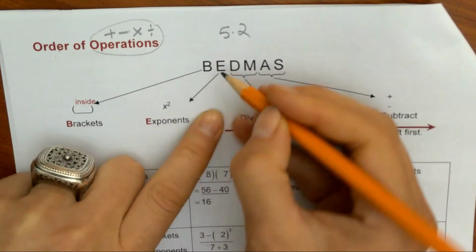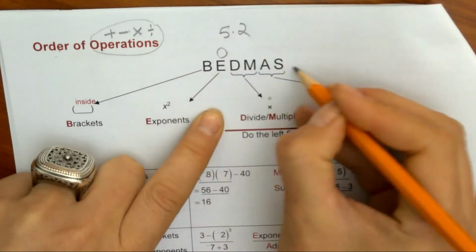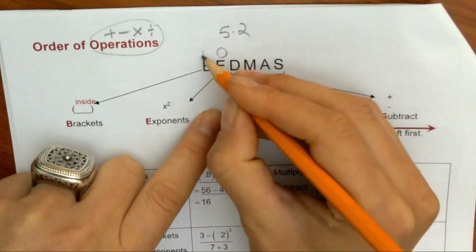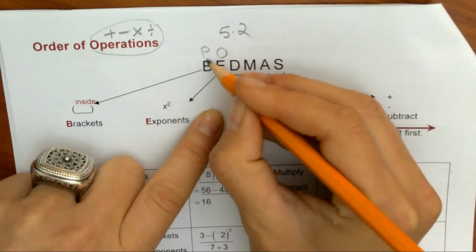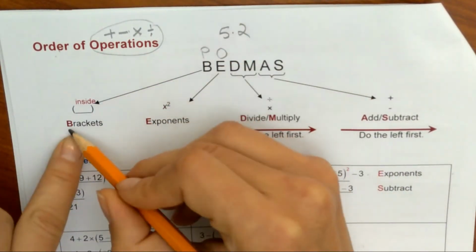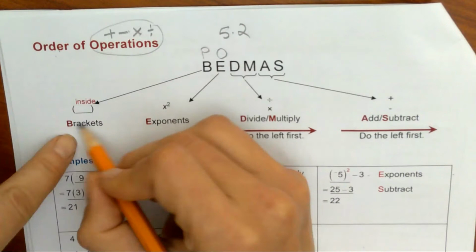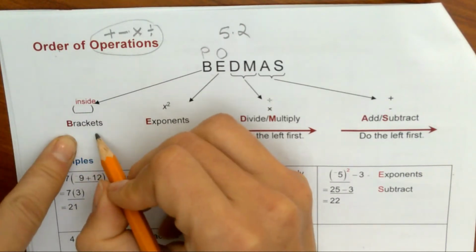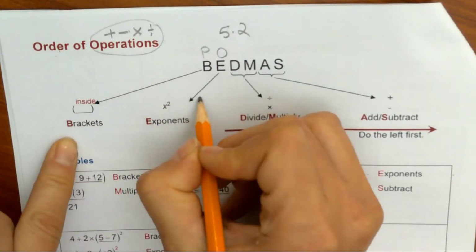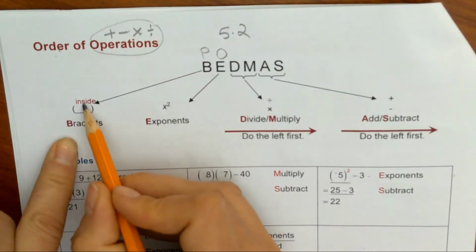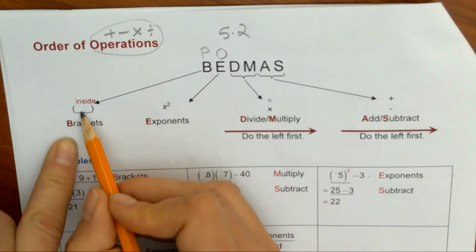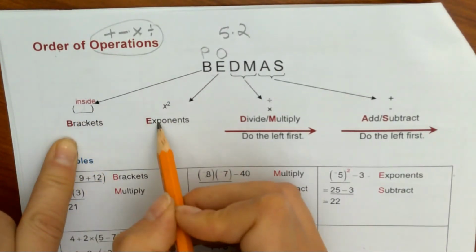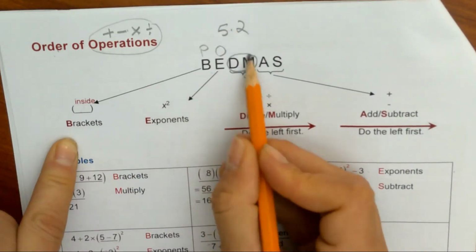Now, some people remember it as Bodmas with an O here, or some people use a P for parentheses, because in England they'll call them parentheses, not brackets. But it's the same thing. First, we do everything that's inside the brackets, and then we do our exponents, and then divide, multiply are grouped together.